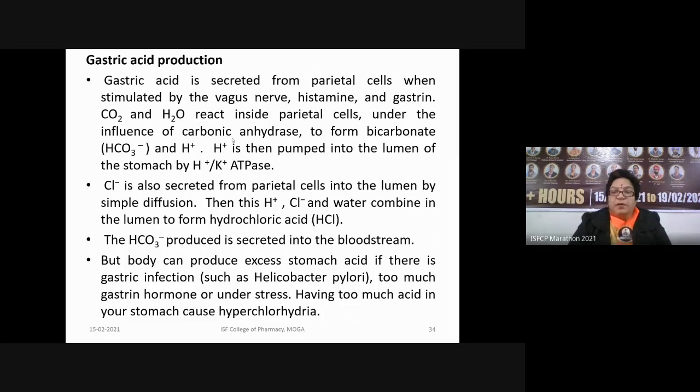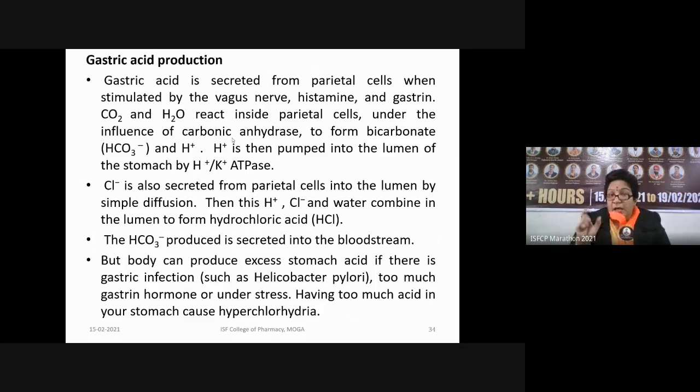So with the help of carbonic anhydrase enzyme, the carbon dioxide and water react in the parietal cells to form bicarbonate, HCO3 minus, and H plus. Basically, HCO3 minus and H plus lead to the formation of carbonic acid, that is H2CO3. This is a reversible reaction, and continuously this H2CO3 gets converted to H plus and HCO3 minus, and vice versa.